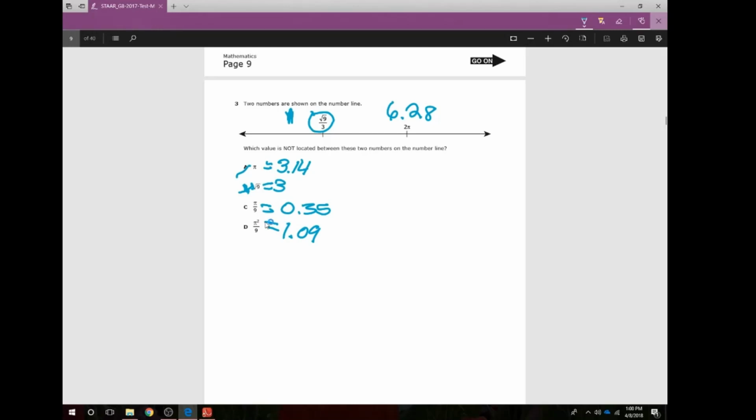It is not. 0.35 is not between 1 and 6.28. So our answer is C. Is D 1.09 between 1 and 6.28? It is. It's not D. So our answer is C.